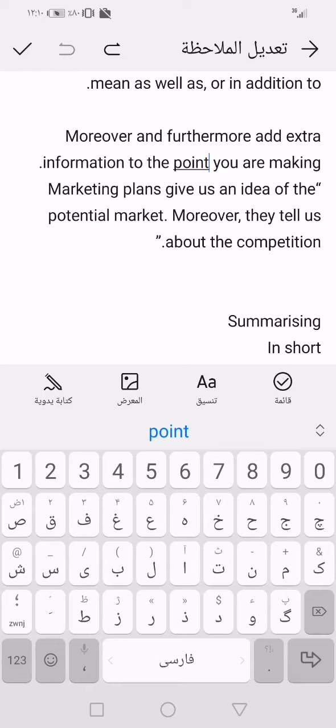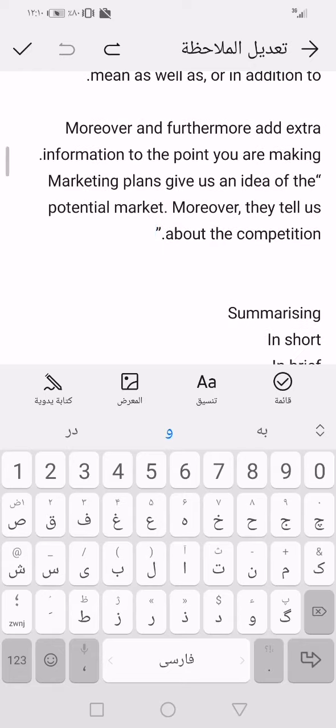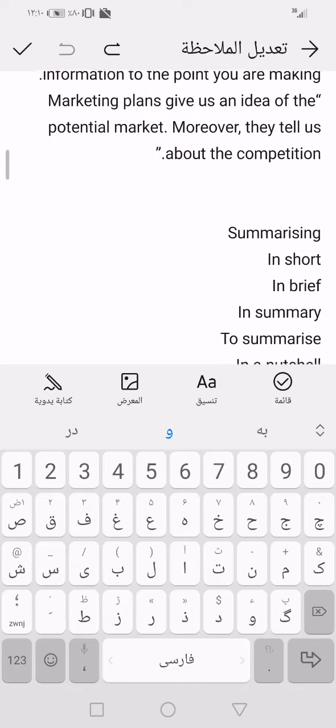Moreover, they tell us about the competition. Marketing plans give us ideas about the potential market, moreover, in addition, they give us information about the competition.